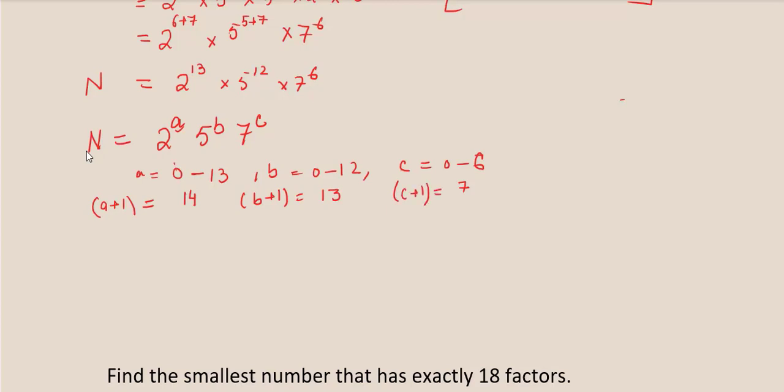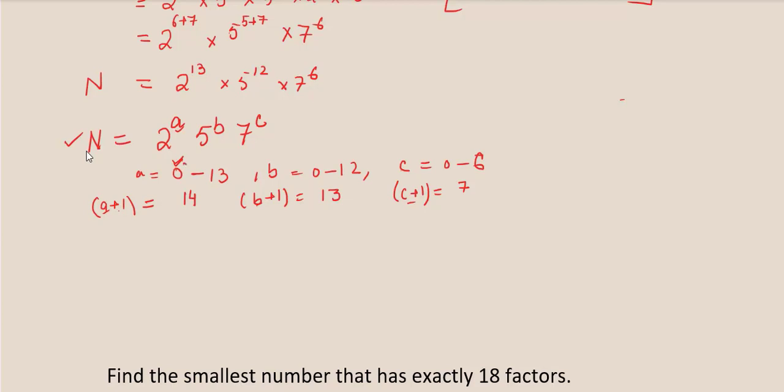As we are taking the range from 0, the value 0 is being considered, so 1 is being added to each power, with a, with b and with c. And when we multiply all these three, we find all the possible factors for n. But here we only want to find those factors that are even.